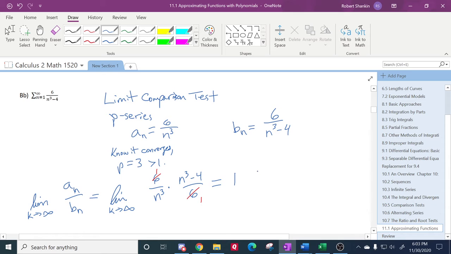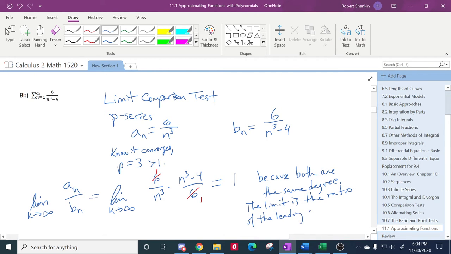And we might have to give a little justification: because both are the same degree, the limit is the ratio of the leading coefficients. It's horizontal asymptote theory that we're using.